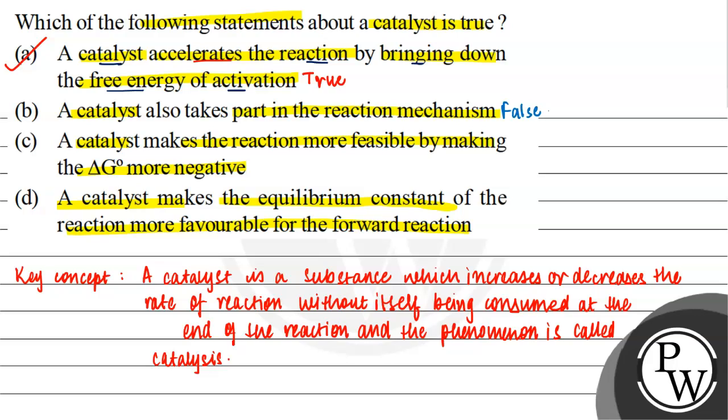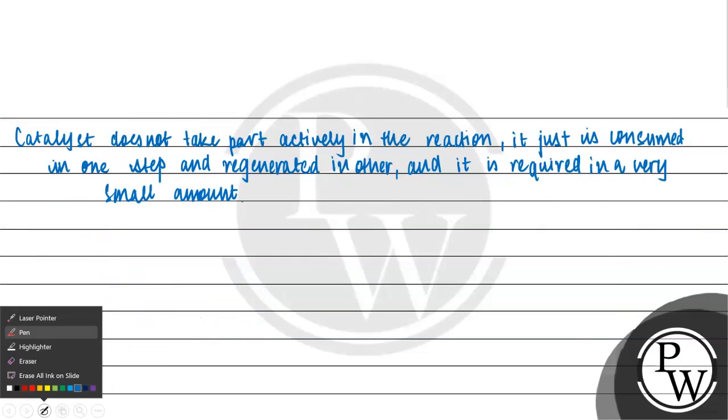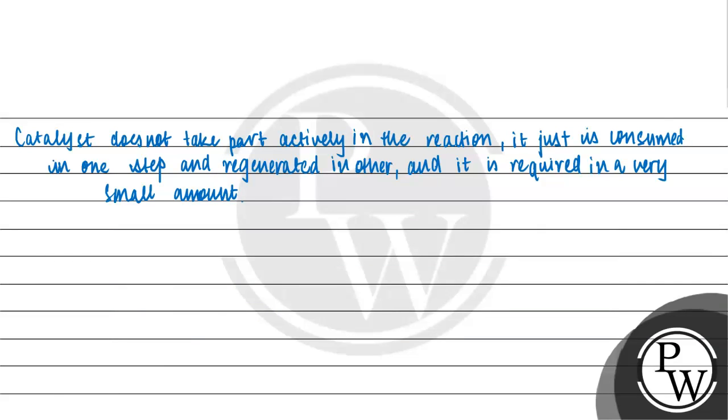Now let us talk about the third statement. A catalyst makes the reaction more feasible by making delta G naught more negative. We saw this in the same point. A catalyst does not affect the thermodynamic parameters. Let us write it once more. And our next point says that a catalyst makes the equilibrium constant of the reaction more favorable for the forward reaction.